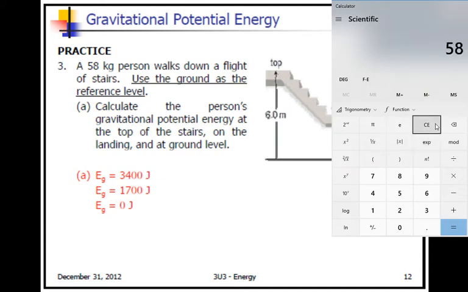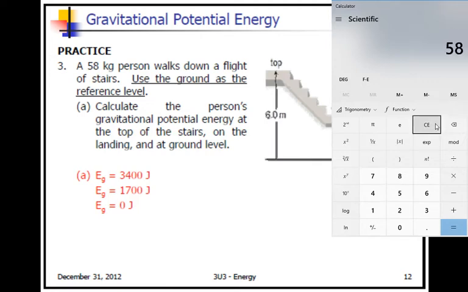58 times 9.8 times the height at the top of the stairs, which is 6. Sorry, that's not right. 58 times 9.8 times 6 gets us to 3,400 when we round for significant digits. 58 times 9.8 times 3 at the landing is 1,700.